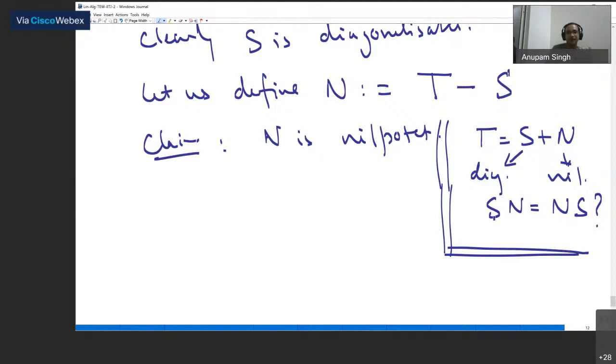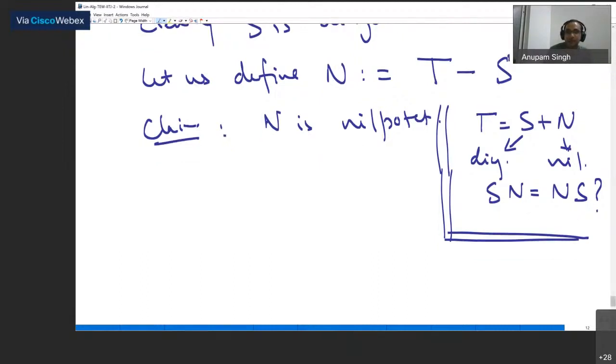If I look at the block Vi, S is just a scalar, so it will commute on that block with any matrix. Whatever N is doesn't matter, since scalars are in the center of the set of all matrices. So that is why S times N is N times S. This will automatically come. So all I need to prove is that N is nilpotent. To prove N is nilpotent, we will prove N restricted to Vi is nilpotent.